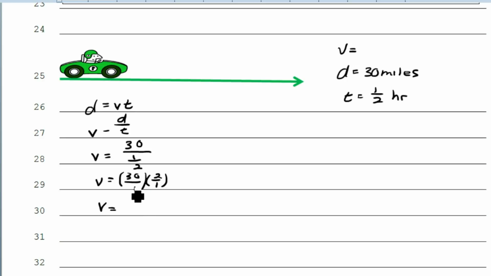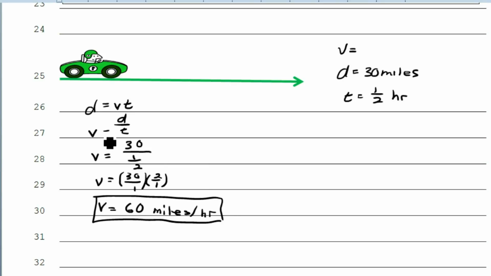So the velocity is 60, and it will be in units of miles per hour. Again, not so hard. Just had to manipulate this equation into writing v in terms of d and t.